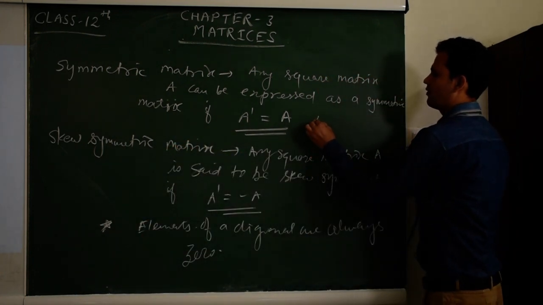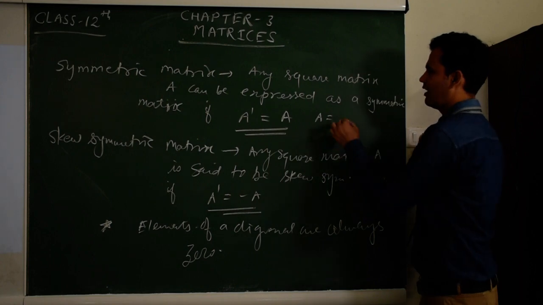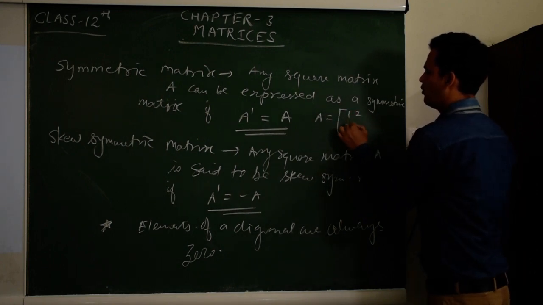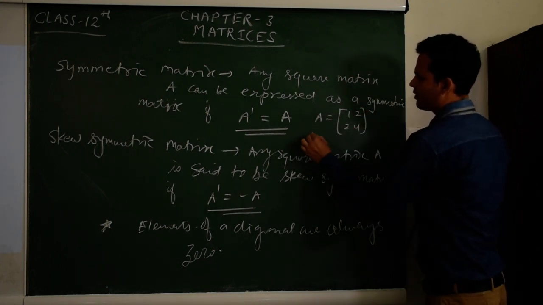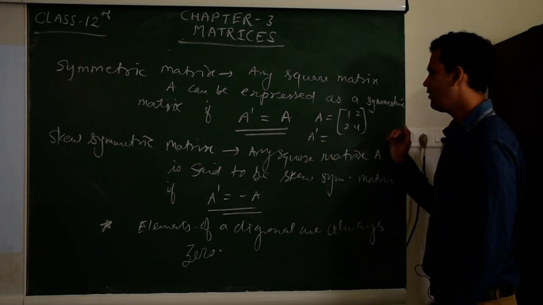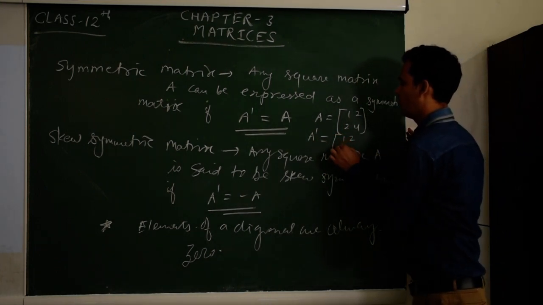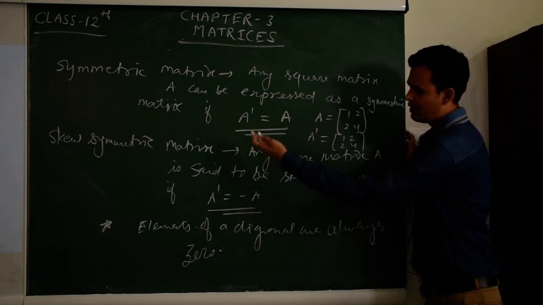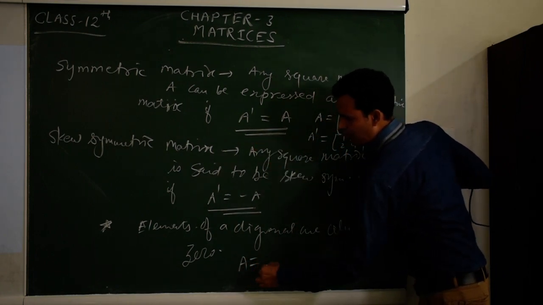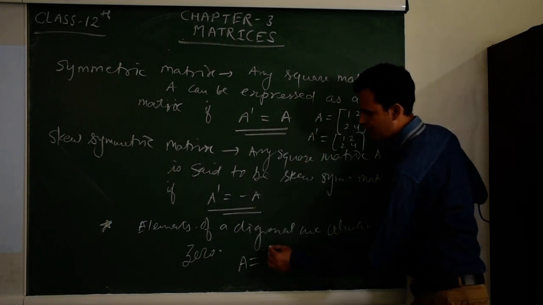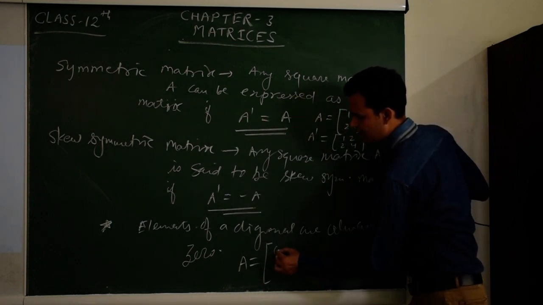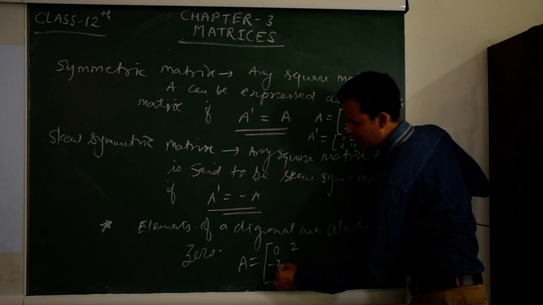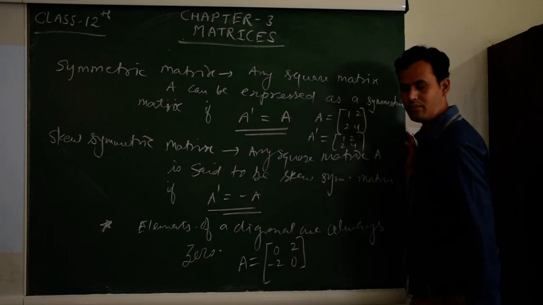Some examples of symmetric matrix: A, we take as 1, 2, 2, 4. If we transpose this matrix, again we get 1, 2, 2, 4. No change in A and A dash. Similarly, example of skew symmetric matrix, for this we take 0, 2, minus 2 and 0.